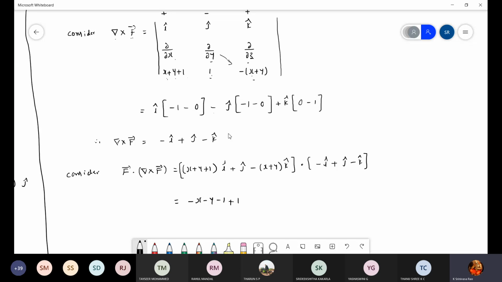And this is minus into minus, plus: you will get x plus y into 1, which is x plus y. Correct? So minus x cancels with plus x, minus y cancels with plus y, minus 1 cancels with plus 1. So the final answer, f dot curl f, either in symbolic form or in word form, equals 0.